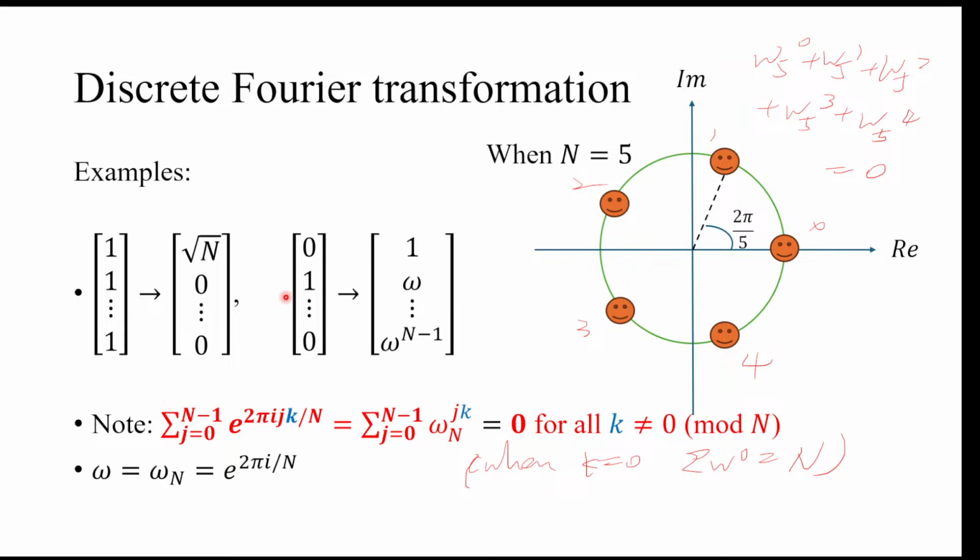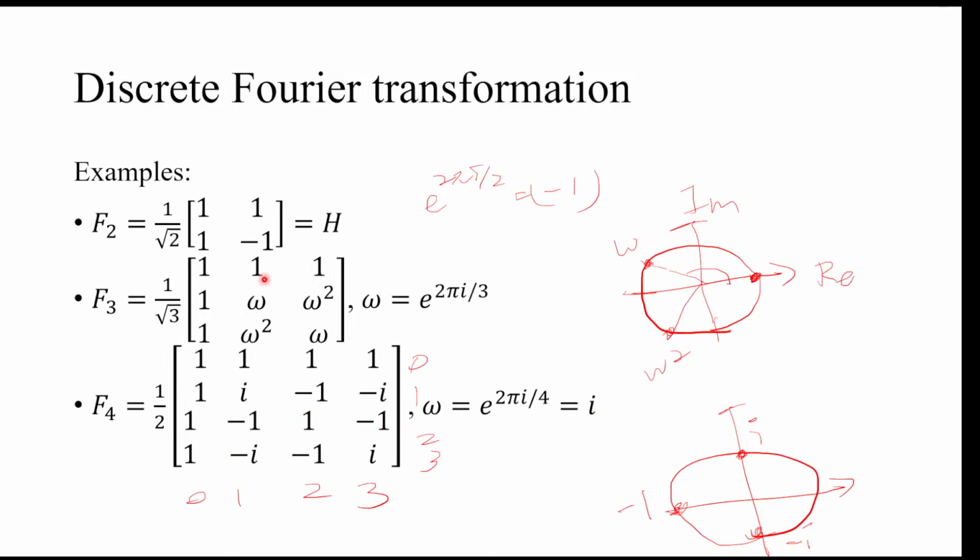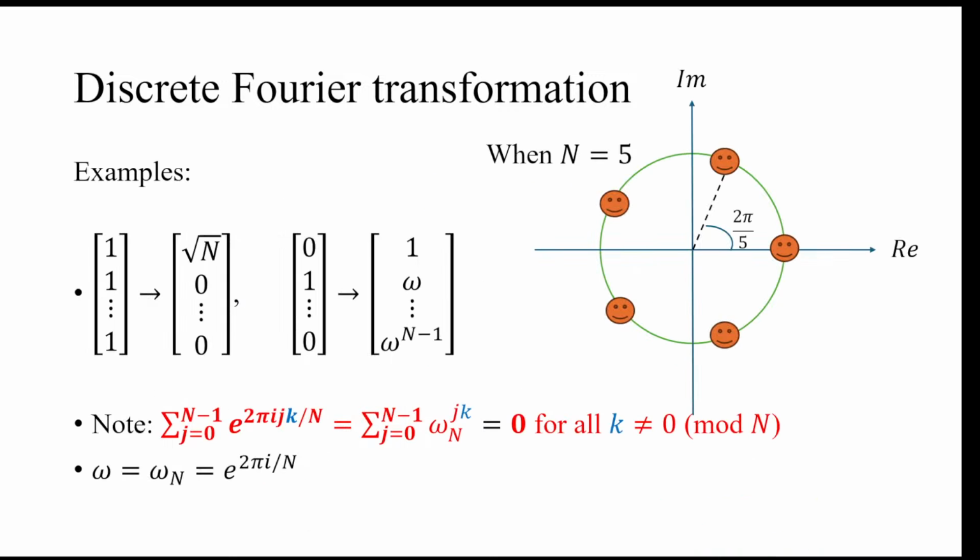And another thing is, you have 0, 1, 0, 0, 0 applied by your Fourier transform, and basically you are picking out the second column, and the second column will be 1, omega, omega square, etc. Okay, so that's an example of what happens when you apply Fourier transform.